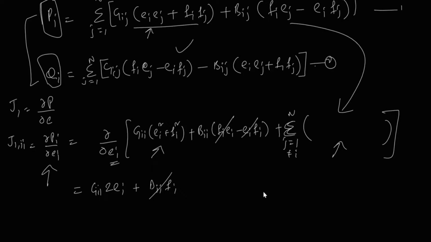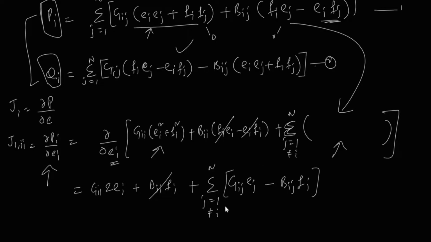Then what about the summation, all terms 1 to n, j not equal to i. If I take the derivative with respect to Ei, it will be Gij Ej minus Bij Fj. The other terms will go to 0. So this is having summation terms.